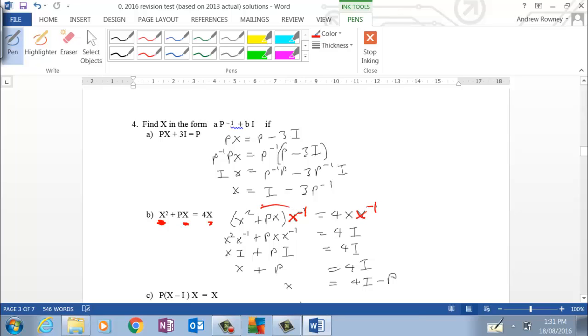Now that has to be post-multiplied in both of those terms, and so we get the identity appearing in these places. And now we've only got one x sitting here, and so we just take the p over the other side, minus 4p, minus p.